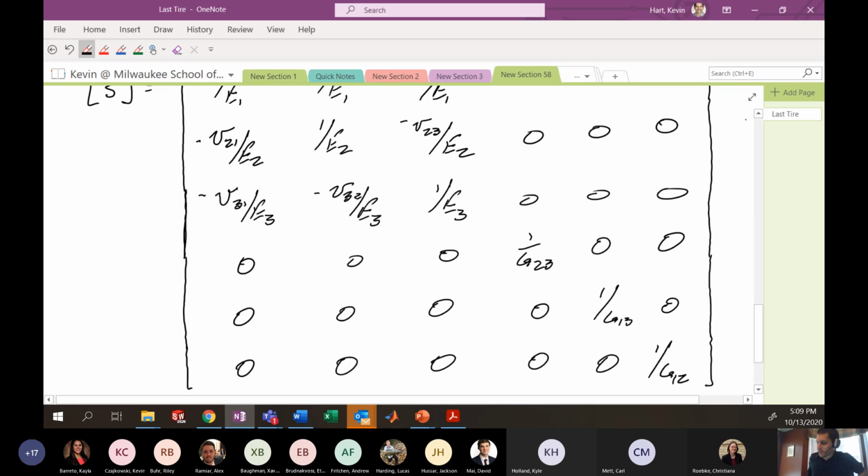So this is the compliance matrix written in terms of engineering constants that we're more familiar with. And this is about where we left off last time.